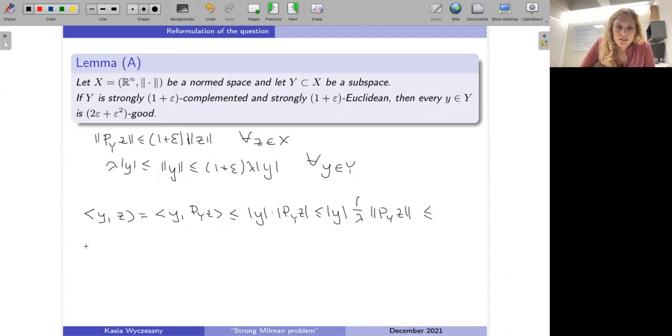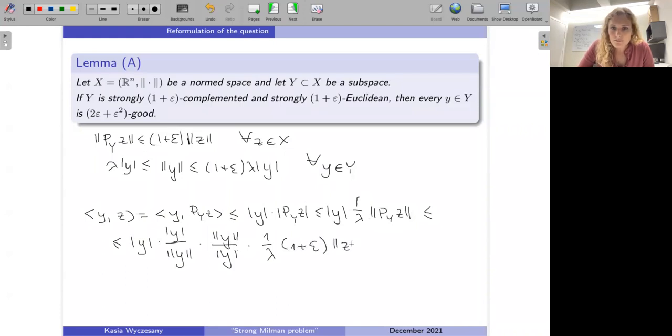Now this is in turn less than or equal, and I'll incorporate a term that we want to show up. We wanted there to be the norm of y squared over the norm of y, so I need to multiply by it again. And I have the 1 over lambda, and now I know that the norm of the projection is at most 1 plus epsilon times the norm of z.